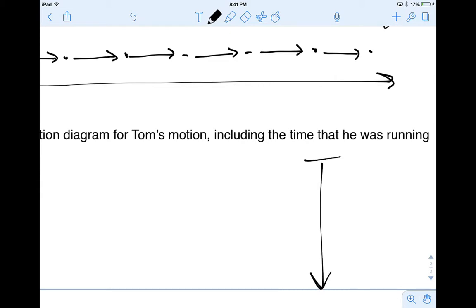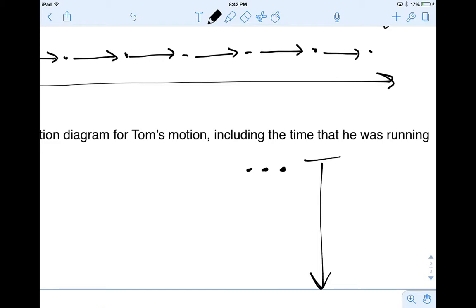Now, at the beginning, Tom is not moving up and down. So, when he is running on the table, before he falls, he's not going up and he's not going down. Okay? So, really, you don't have to draw all that, sorry if you did. He's not moving up and down. He's staying in the same spot.